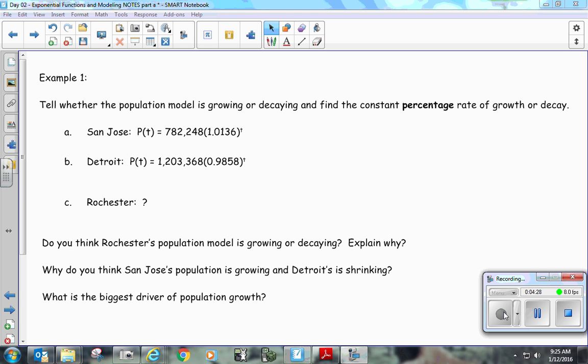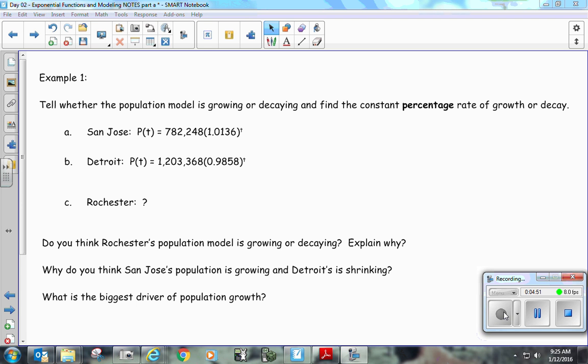All right. So example 1 says, tell whether the population model is growing or decaying, and find the constant percentage rate for the growth or decay. We don't have to figure out the population of San Jose after 10 years or anything. When I look at this first one, I just want you to tell me, do you think the population of San Jose is growing or shrinking?